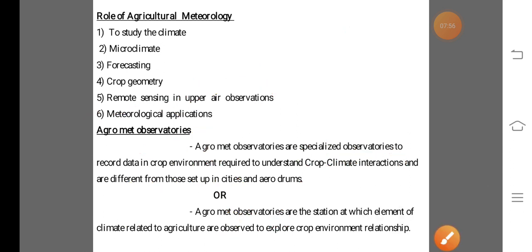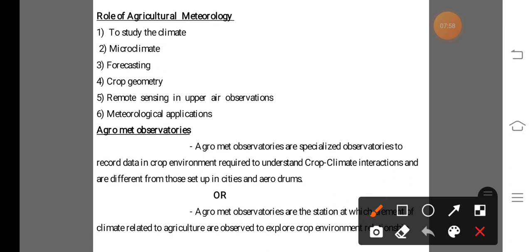In scientific language, what is meant by Agromet observatory? Agromet observatories are specialized observatories to record data in the crop environment, required to understand crop-climate interaction, and are different from those set up in the cities and aerodromes.